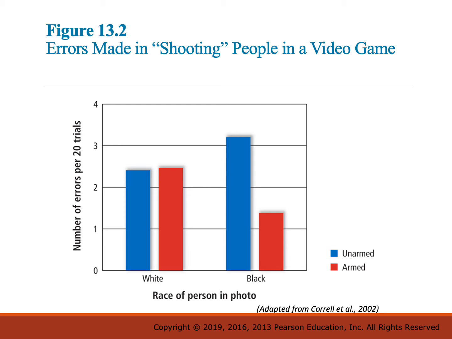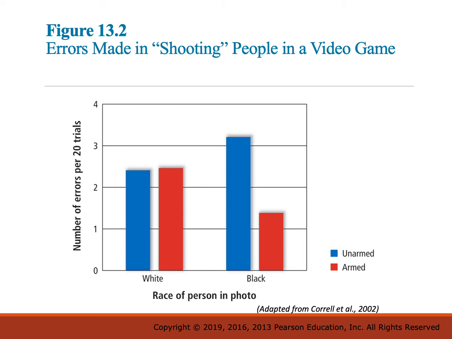When the race of the person was white, the first two sets of bars, the number of errors were not as high as in the second set of bars when the race of the person was black. You can see that clearly, and I forgot to mention, the blue bars refer to when the person you were shooting towards in the video game was unarmed. The red bars are when the person was armed, okay?